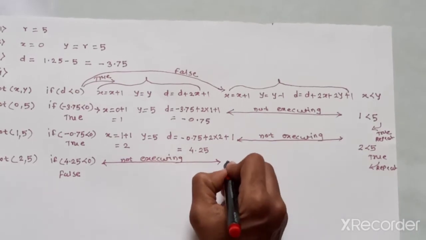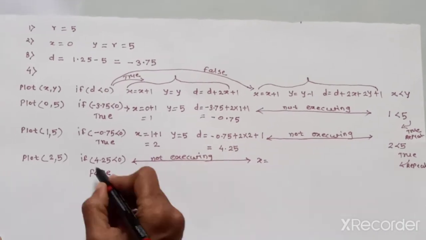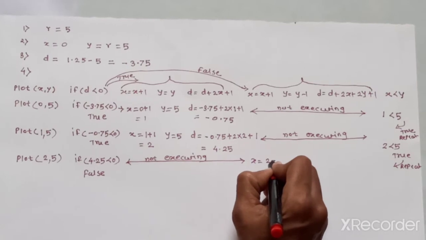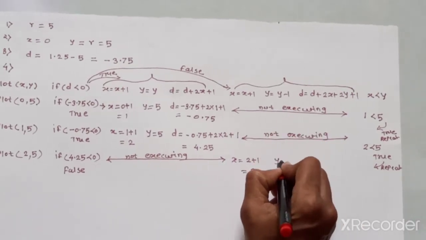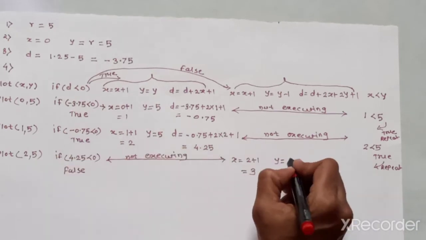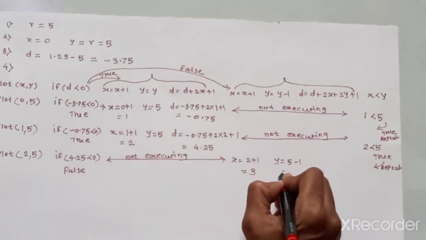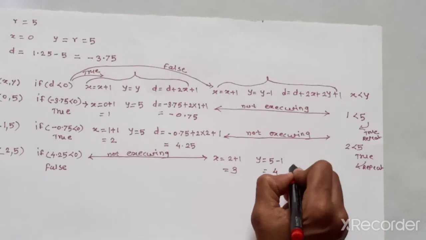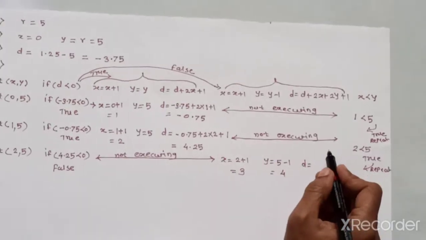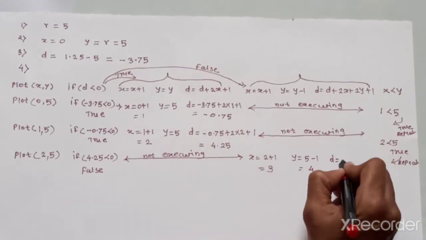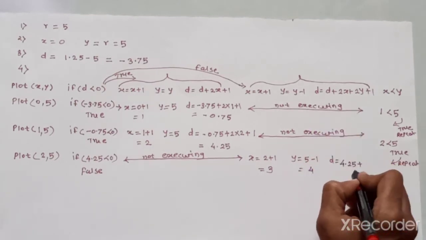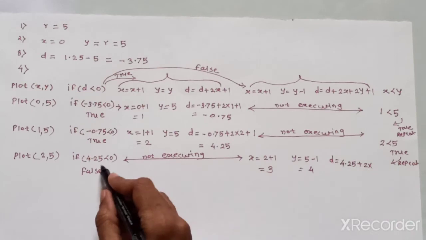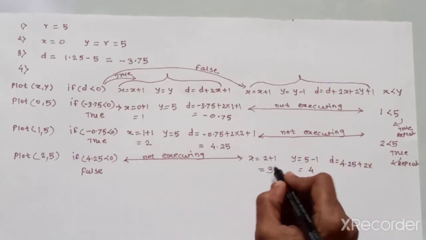That's why, here x is equal to x plus 1. Value of x is 2, 2 plus 1, we are getting answer as 3. Similarly, y is equal to y minus 1. Value of y is 5, minus 1, we are getting here 4. Now, d is equal to d, the d value we are getting as 4.25 plus 2 into the value of x, here 3.